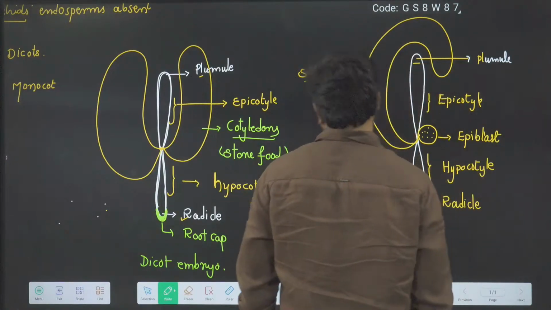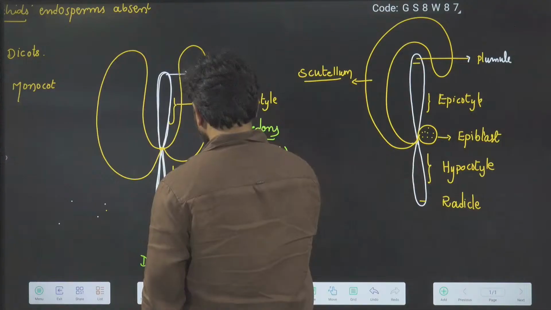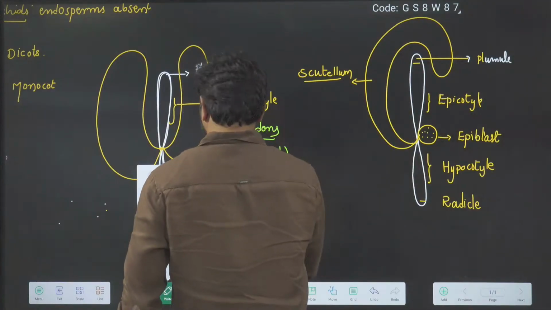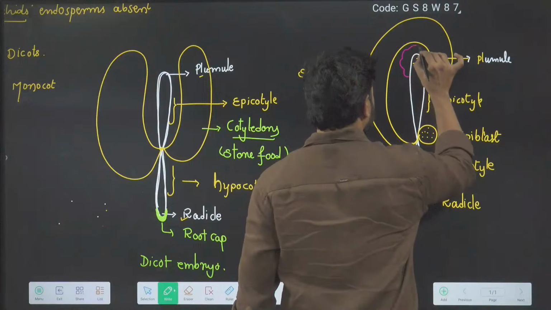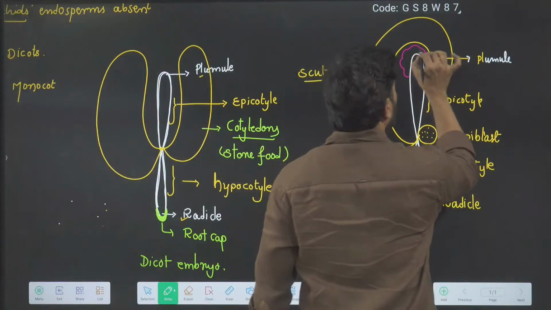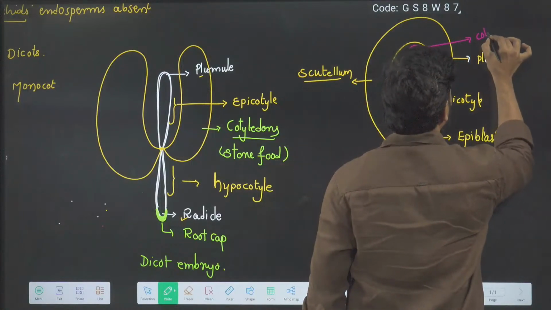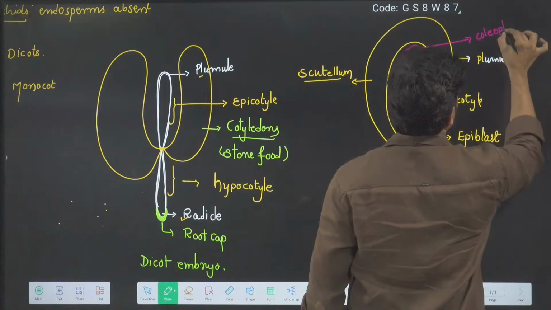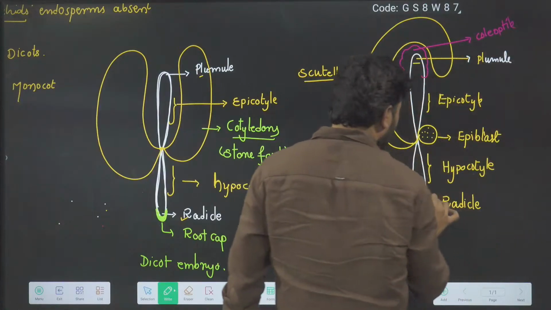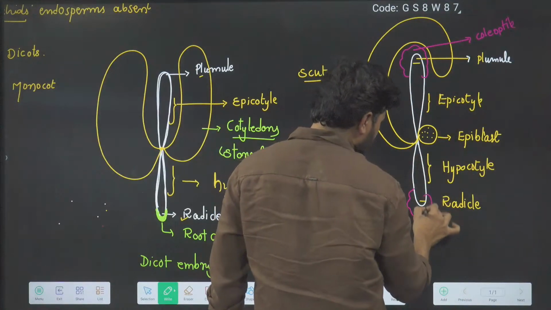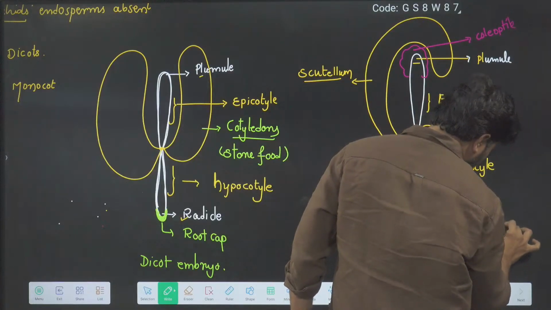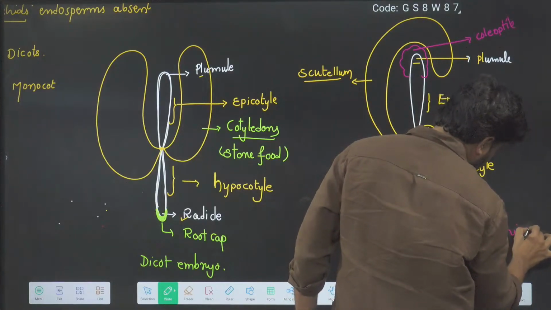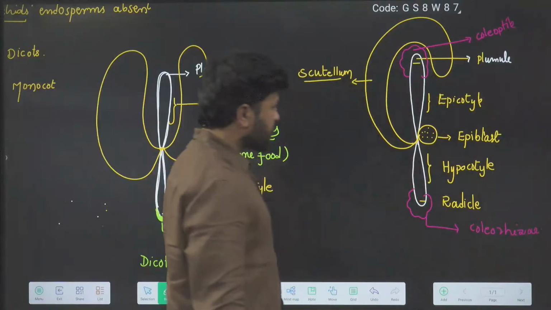The plumule is covered by a protection, coleoptile, and the radicle is covered by coleorhiza.